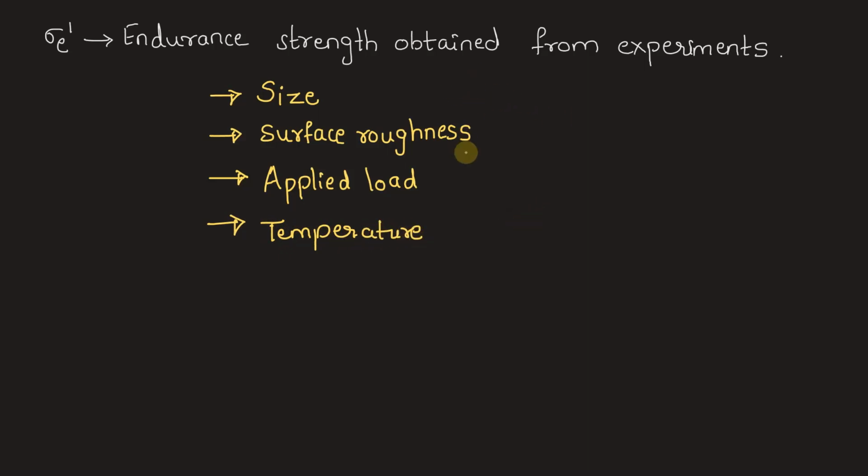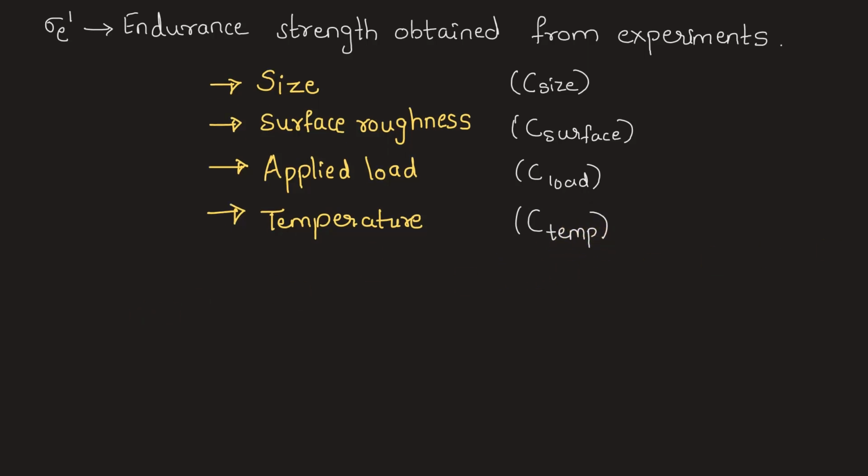To account for the effect of all these, we have certain factors: C size, the size factor; C surface, which accounts for surface roughness; C load, which accounts for the type of applied load, whether it is bending or axial load; and C temp, or C temperature, which accounts for the ambient temperature of the material.